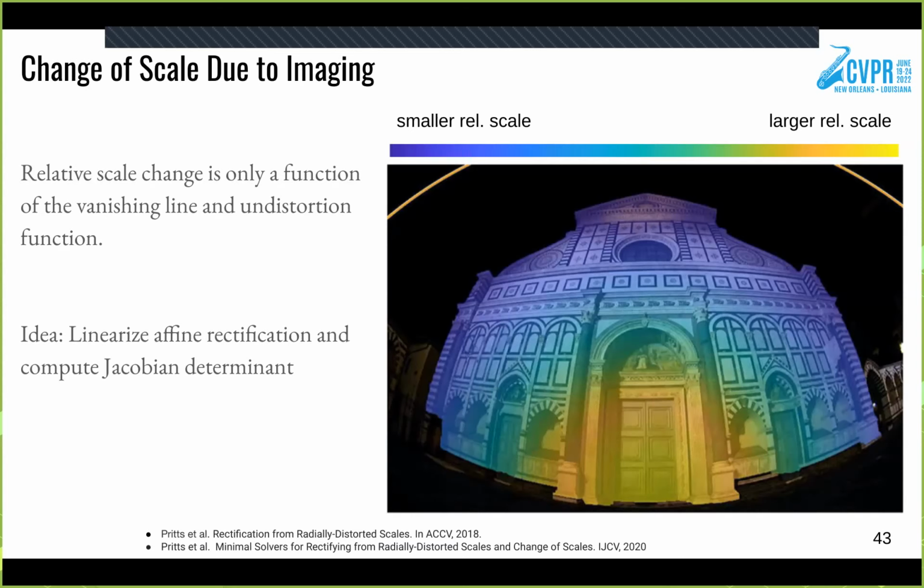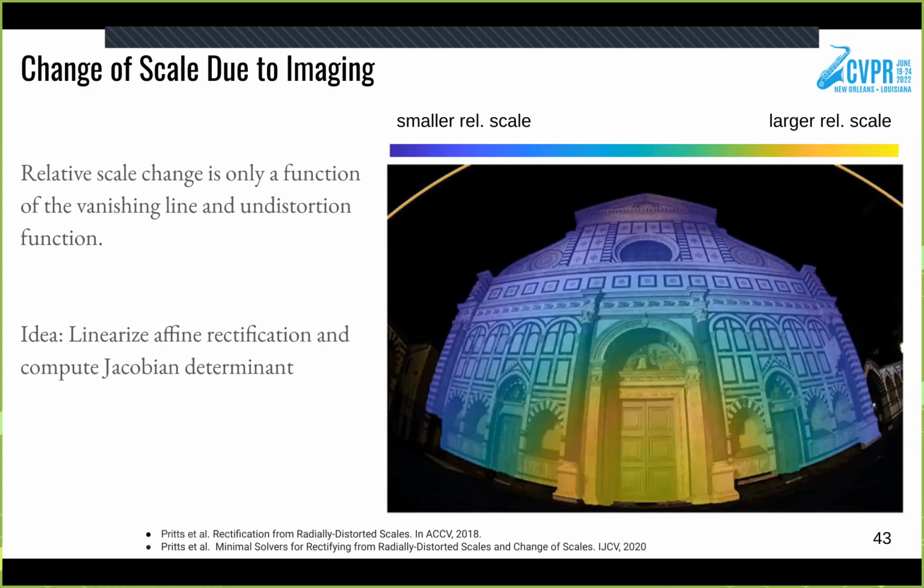There's some relative point that we choose, like in the middle of that image, that we select to be the unit scale. And then you see the change of scale due to the rectifying and undistorting transformation. On the bottom, of course, you see a larger relative change of scale, and on the top it is smaller.